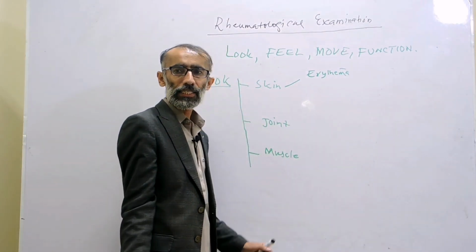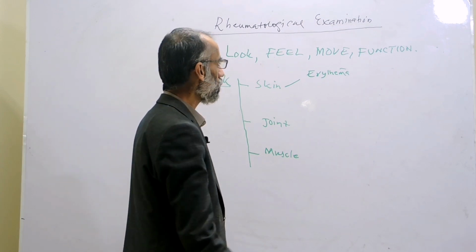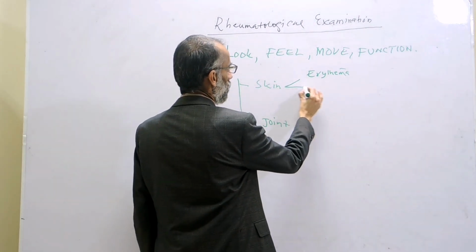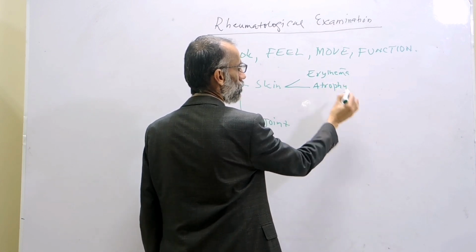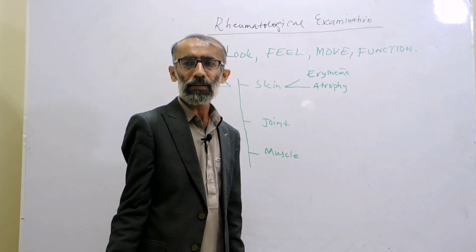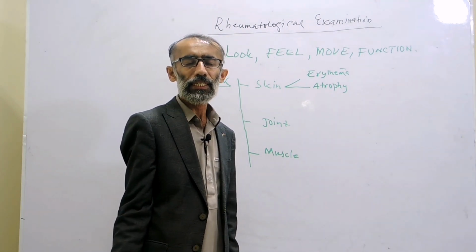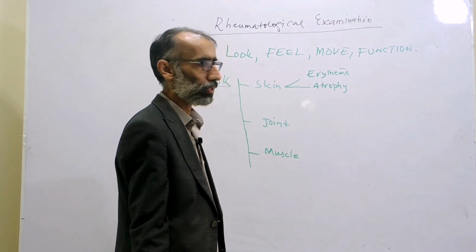Erythema is a sign of acute inflammation. Look for atrophy. Atrophy is a sign of chronicity. It can also suggest steroid use.